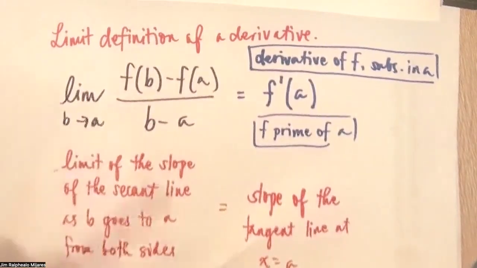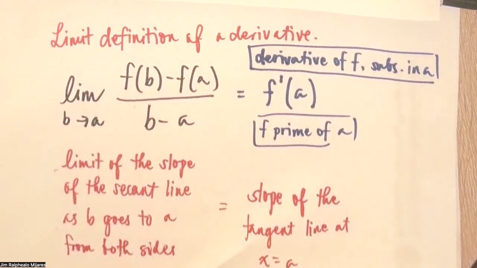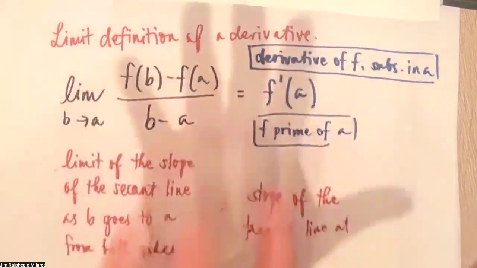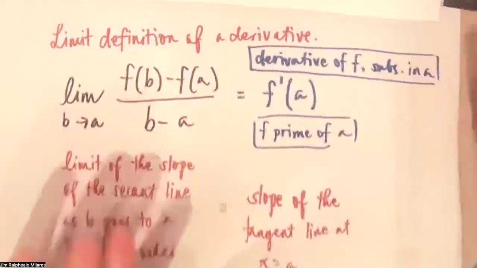What a derivative is in essence is it tries to find instantaneous change, the change at that certain instant.